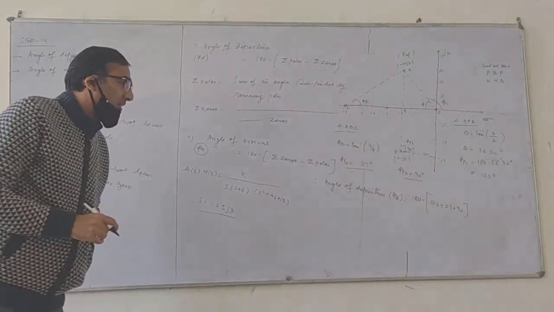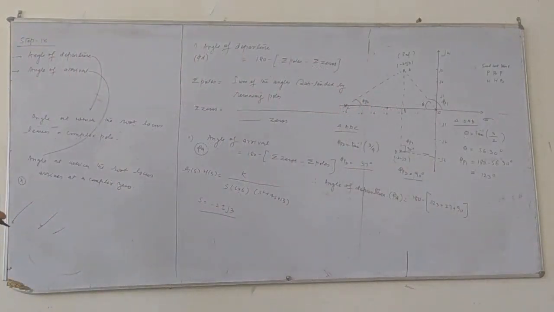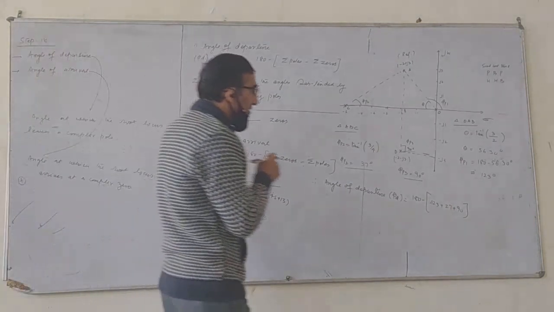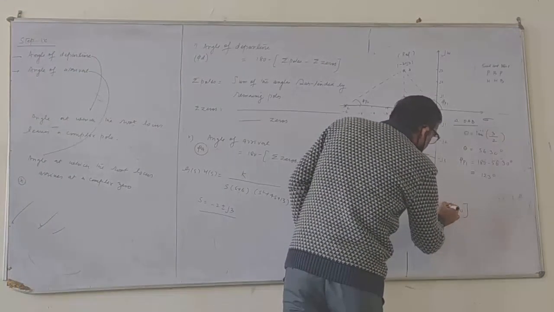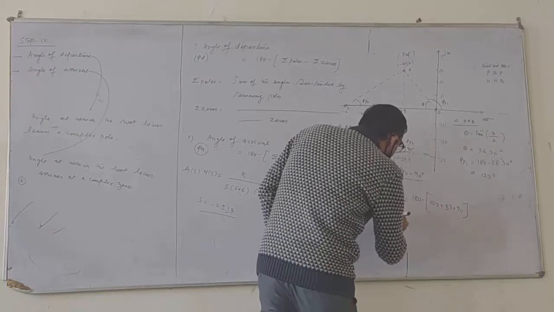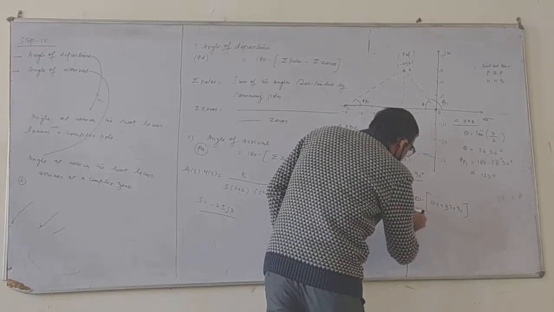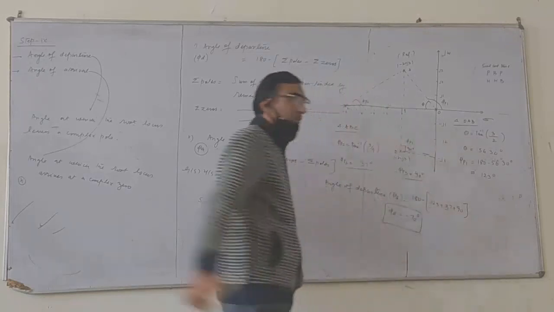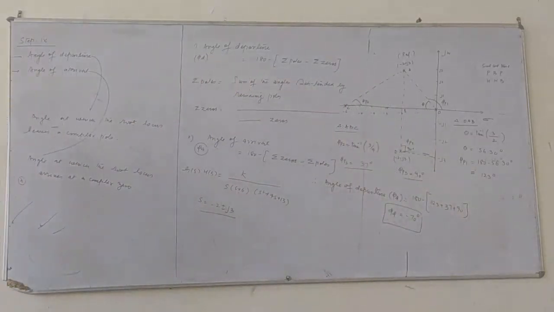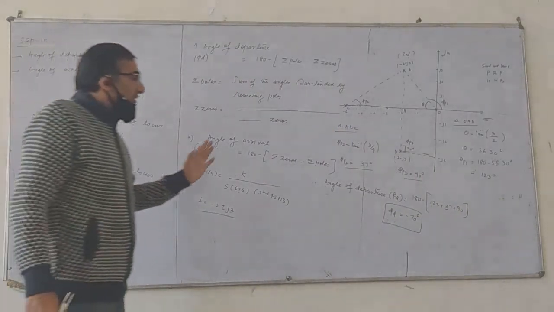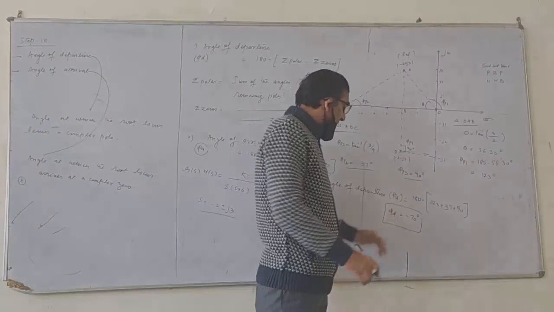So 123 plus 37 is 160, plus 90 is 250. 180 minus 250 is minus 70. So phi D is minus 70. So the angle of departure of this pole is minus 70. Now you need not calculate further. We have calculated the angle of departure phi D.